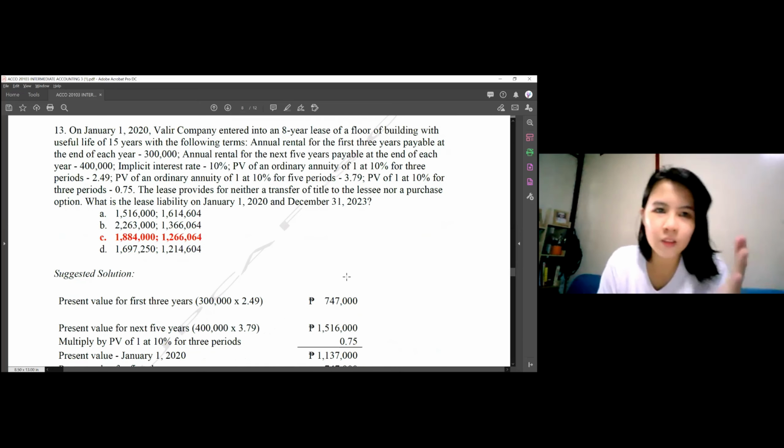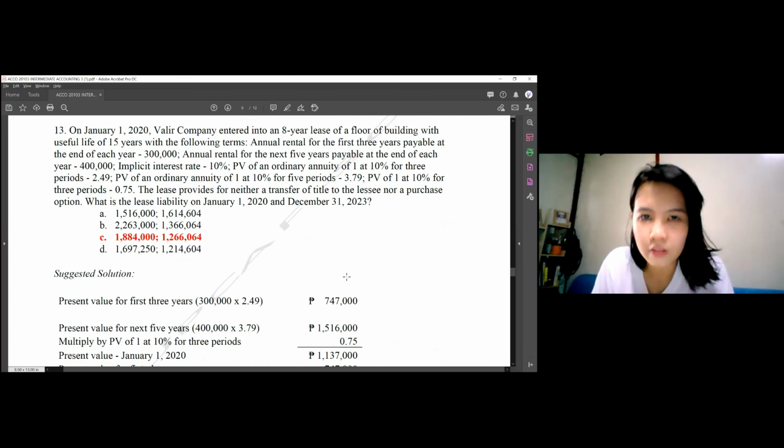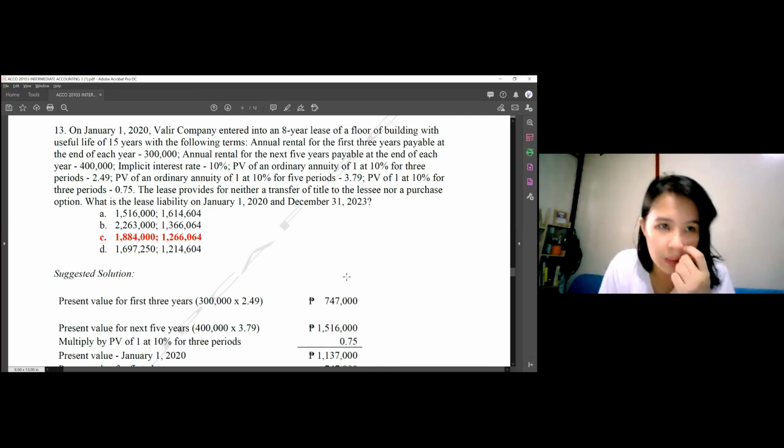Pero tingnan pa natin yung other info. Sabi dito, for the first 3 years, ang annual rental niya ay 300,000. Okay? For the next 5 years, ang payment niya ay 400,000. So, ang implicit interest rate ay 10%.